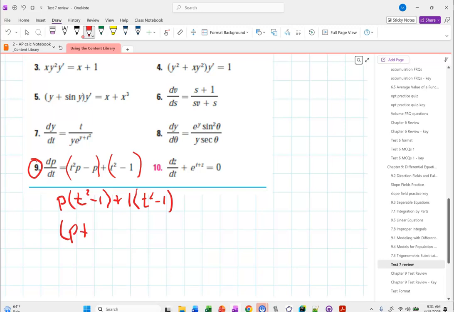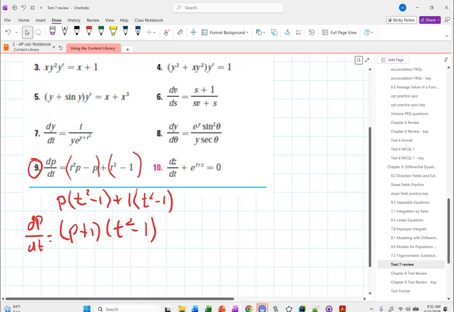So that's going to be p plus 1 times t squared minus 1. Which is great news, because now I've turned that addition and subtraction into multiplication, which will be easy to move the pieces around and attach them to the dp's and dt's, right?